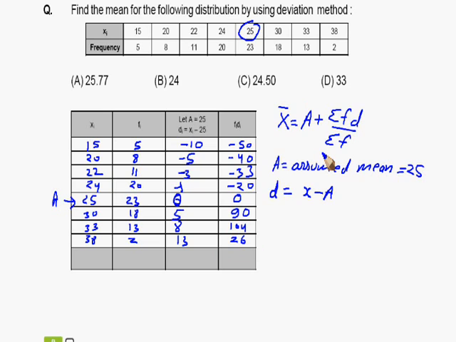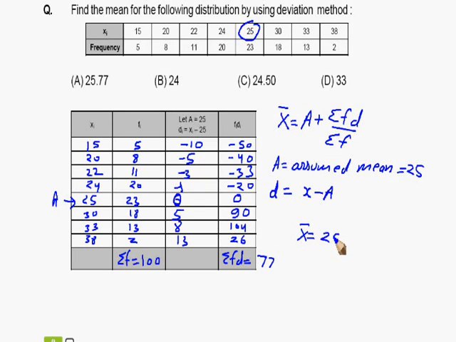Now we have to find the summation fd, or sigma fd, which comes to be 77, and the summation f, that is the sum of the frequencies, which comes to be 100. So according to the assumed mean method, x bar is equal to a plus sigma fd upon sigma f.